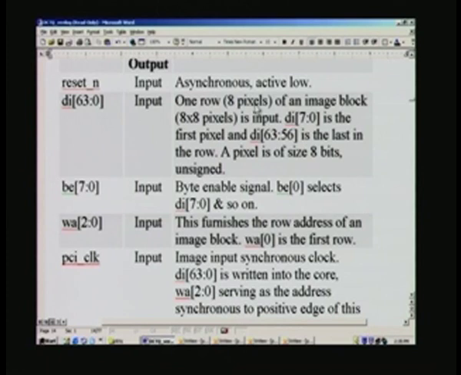So, this is nothing other than the X matrix in that DCT evaluation, and so the X is complete only with 8 writes, because every write you write only one row of the block.